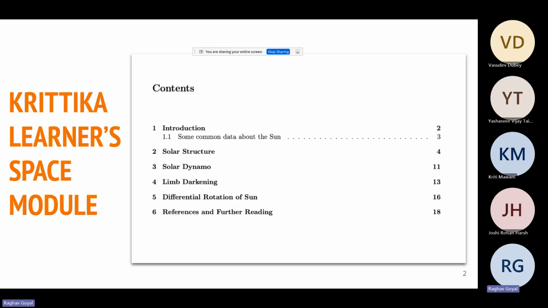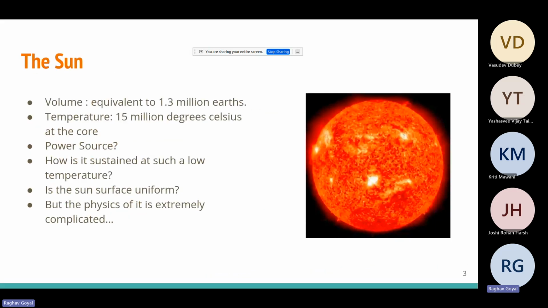We shall be studying that, and you'll also be given references and further reading so that you can go above and beyond, because solar physics is genuinely a very vast topic, and it has extremely complicated physics and mathematics behind it. So the references and the reading materials to be covered are pretty much endless.